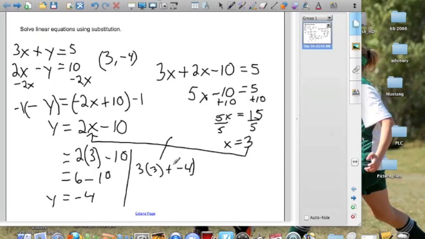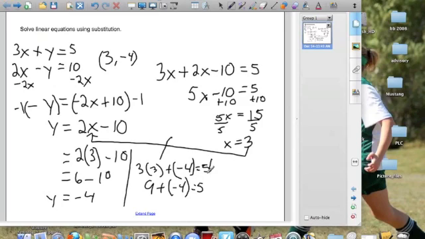Does that equal 5? And the answer is yes. I have 9 plus a negative 4, or minus 4. Does that equal 5? And the answer is yes. So it works for the first equation.